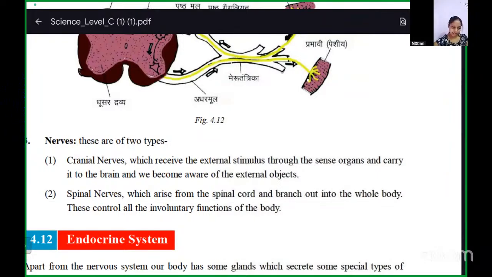Suppose it's a book I've read already, then I will know if it's good or boring. So when I take it in my hand, for my brain to interpret that this book is good, it happens through cranial nerve. That is my response to that external stimuli. But the spinal nerves, the spinal nerves.